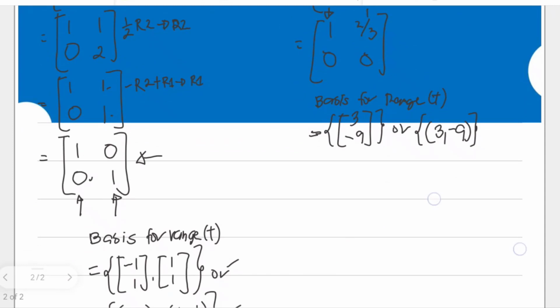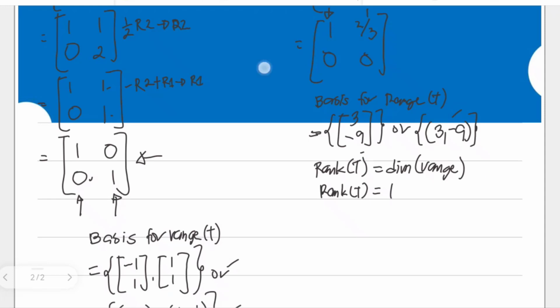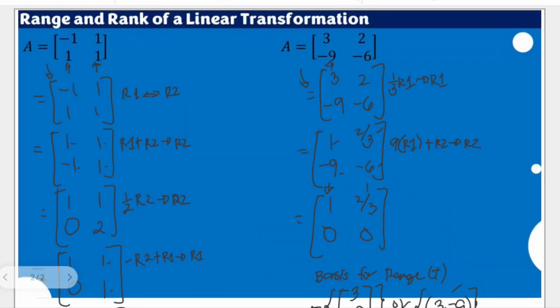And with that, since again the rank of T is equal to the dimension of the basis of your range, the rank of T is equal to 1 since our basis for the range of T contains 1 vector.